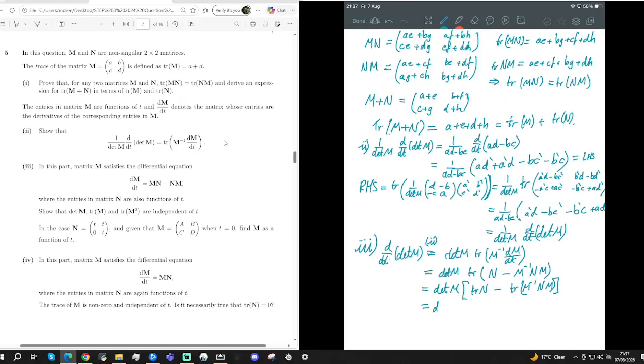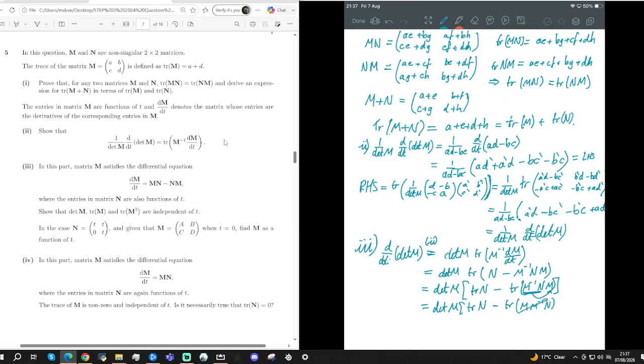But let's use the other result from part 1, which said that we can reorder the matrices. So I'm going to put this whole section here behind that m. I'm going to treat that m inverse n as one matrix. So m's at the front, then m inverse, then n.